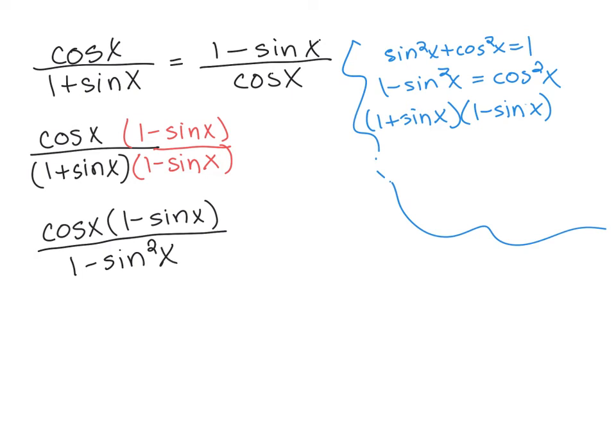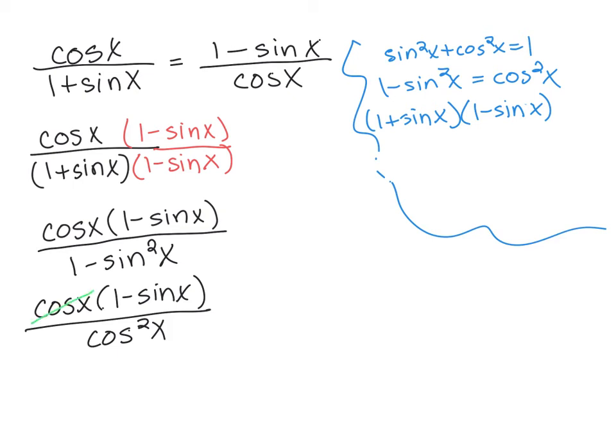Oh, looky there. I have an identity. So now I can change the bottom, not messing with the top, to cosine squared. And now, because I didn't multiply out the top, I can just cancel. I'm left with 1 minus sine on the top and cosine on the bottom.